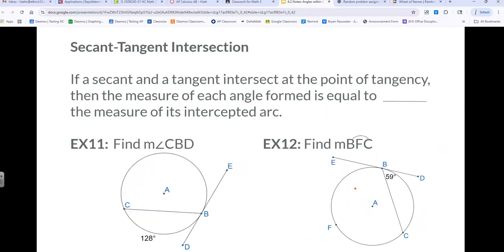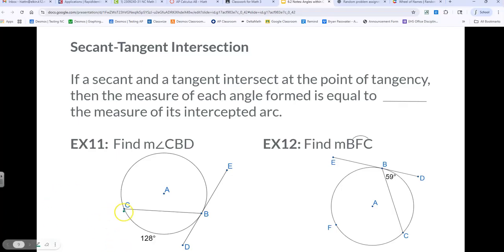Then let's look at this one. We have a secant tangent intersection. Okay, a secant tangent intersection. So if I look at that first picture, and I want to label these, which line would be my tangent line?